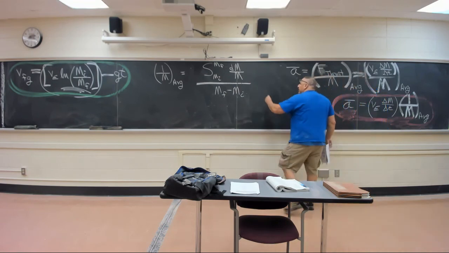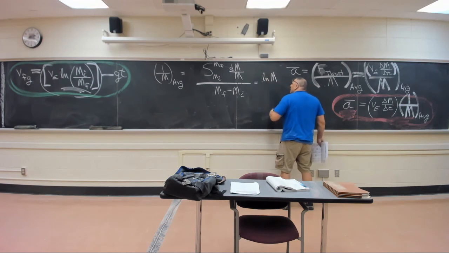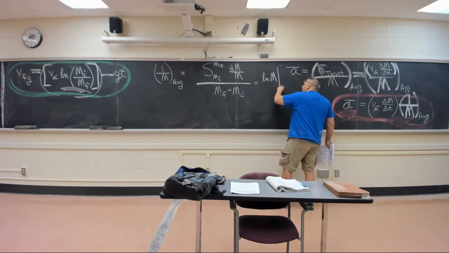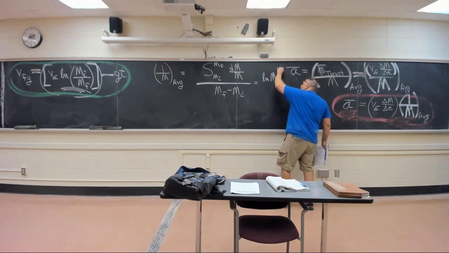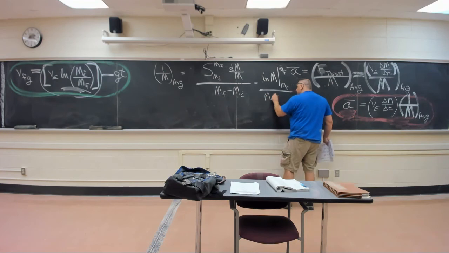If you do this, you get ln m evaluated between those two limits, Mi to Mf, over Mf minus Mi.